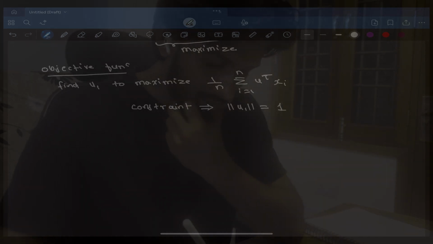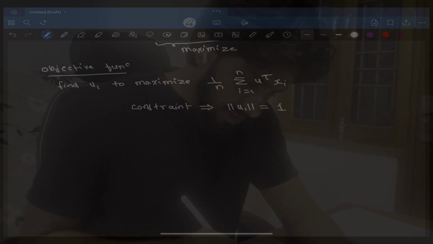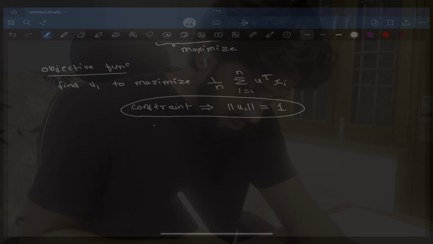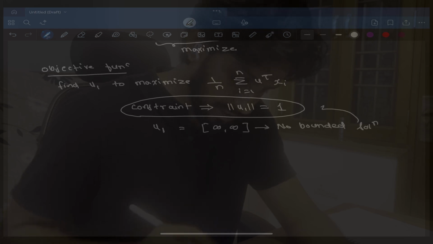That's why this is a unit vector. And what if I don't consider this constraint? Then I will get the direction of u1 as infinity comma infinity. I mean, there will be no feasible solution, no bounded solution. That's why we need the constraint.